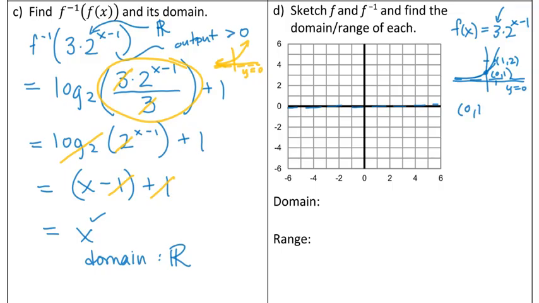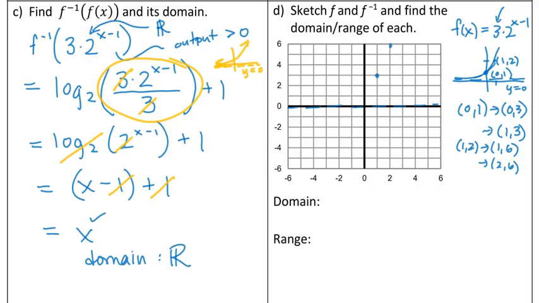The point (0, 1), when we do the vertical stretch, goes to (0, 3). And then when we shift to the right 1, it goes to (1, 3). And then the point (1, 2), when we do the stretch, goes to (1, 6), and then when we shift to the right, it goes to (2, 6).